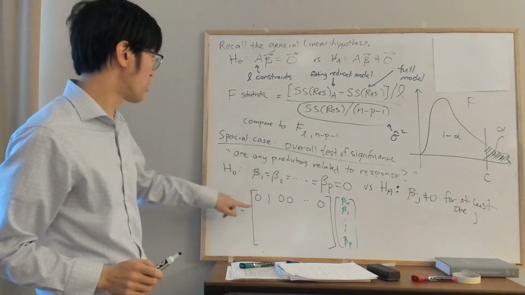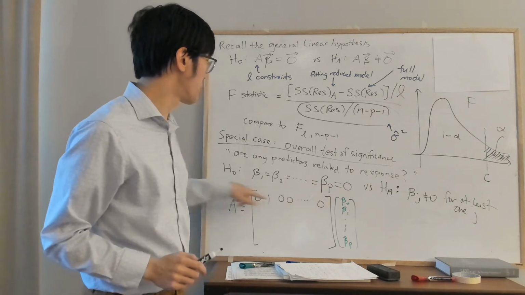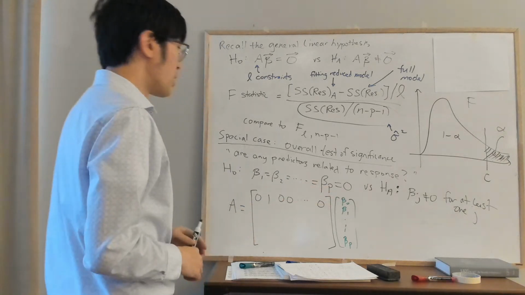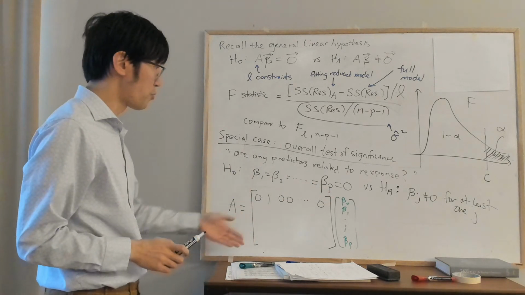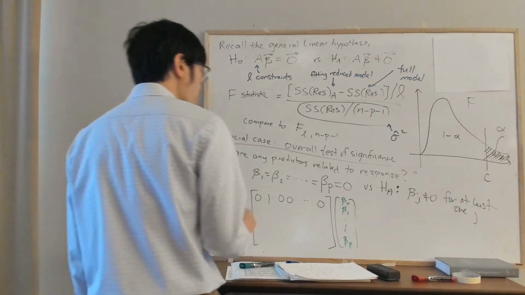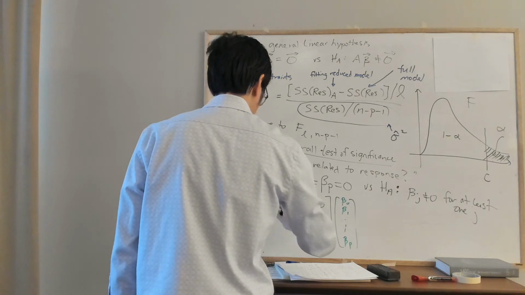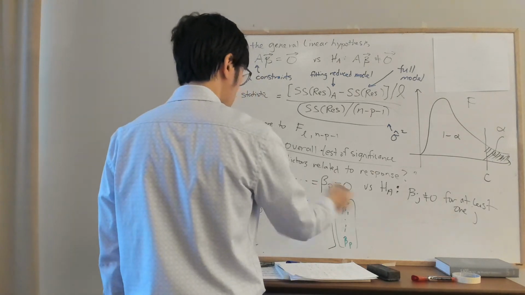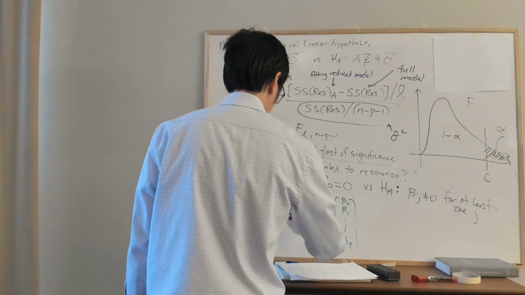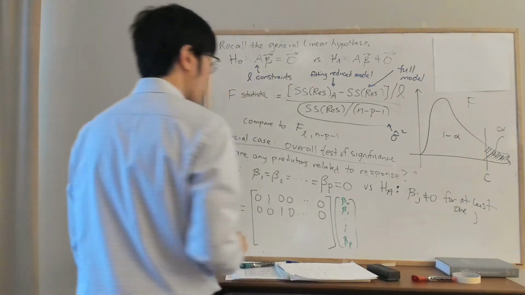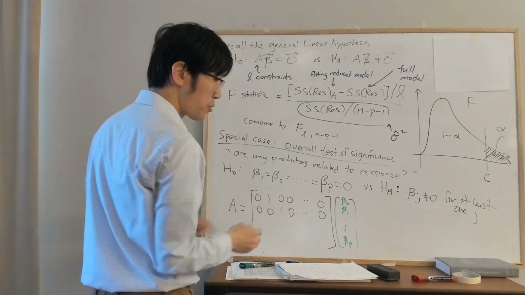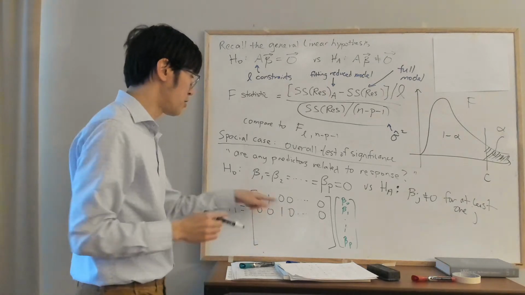So this row gives us the constraint beta 1 equals 0, and we do likewise for the rest of the parameters. The second one is beta 2, so beta 2 times 1 equals 0. You see the pattern: you get the ones on the diagonal.